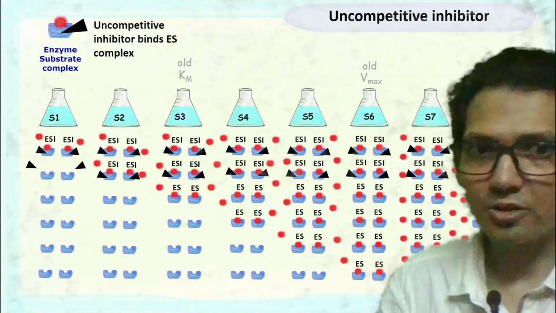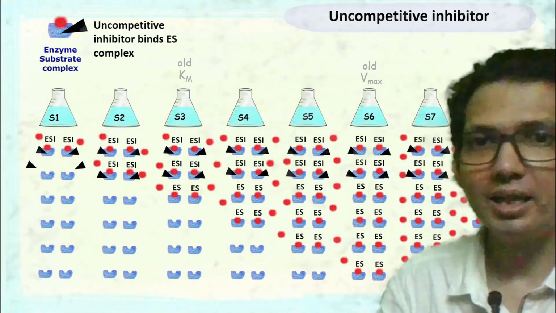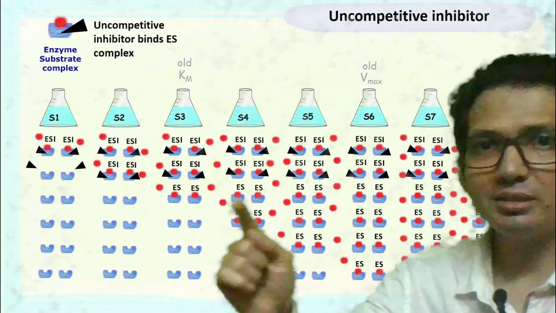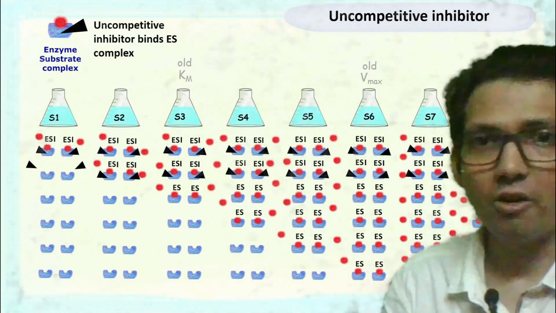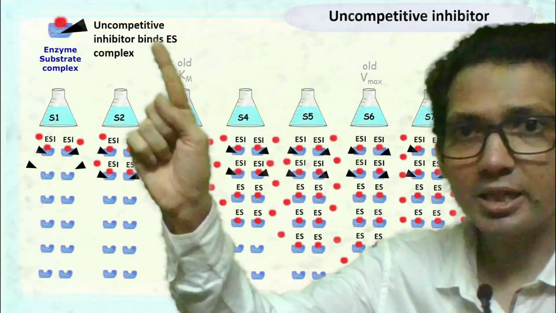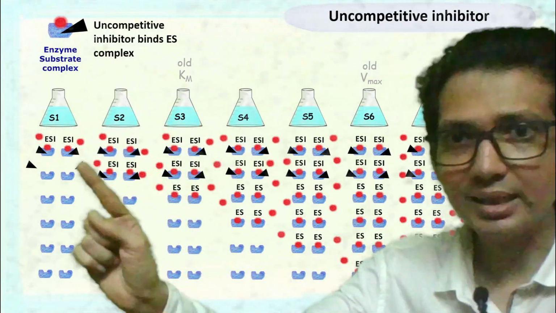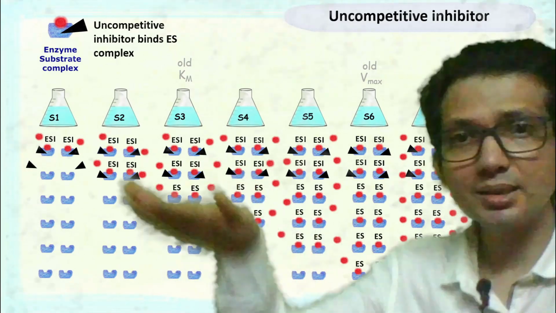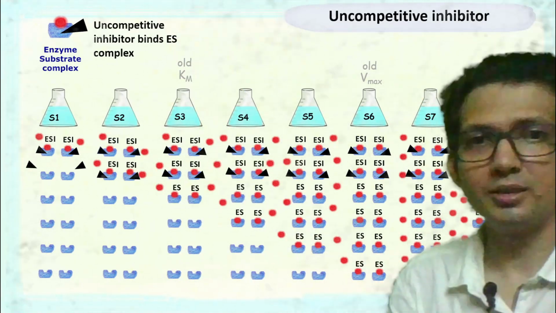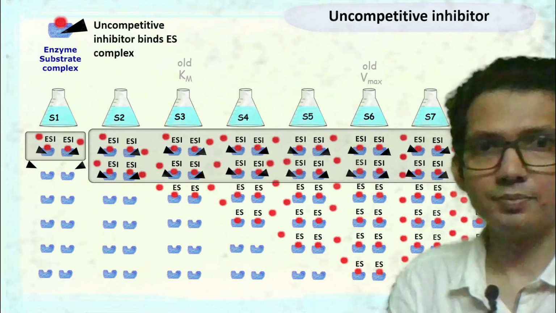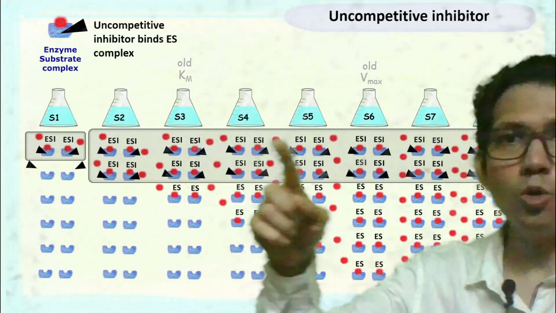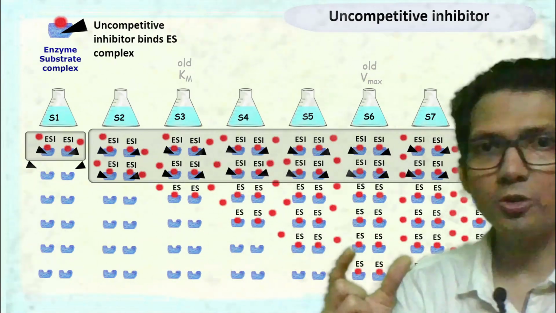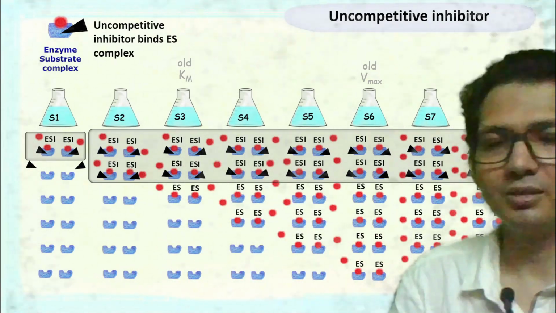Since the inhibitor binds the ES complex, the concentration of ES complex in this whole system goes down. Remember, when the uncompetitive inhibitor binds the ES complex, the concentration of ES complex in the system will go down. So this whole part is inhibited and we have only this much ES complex left.